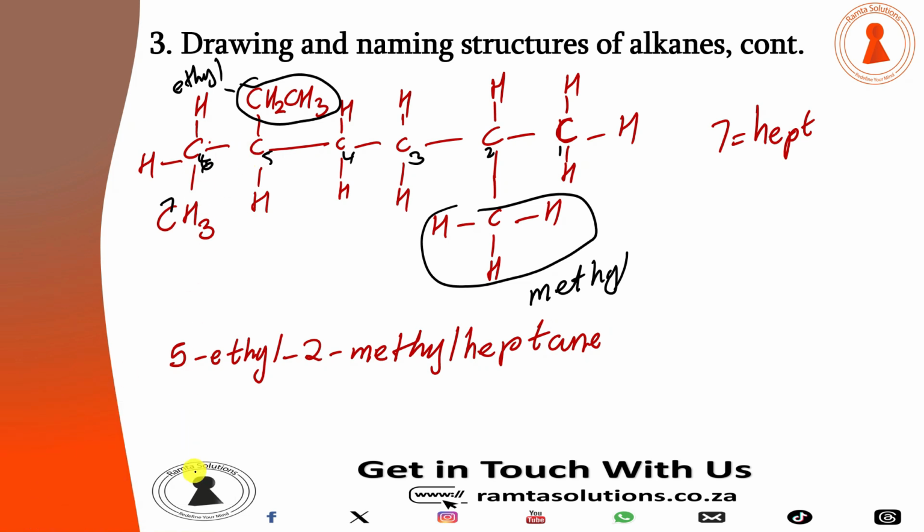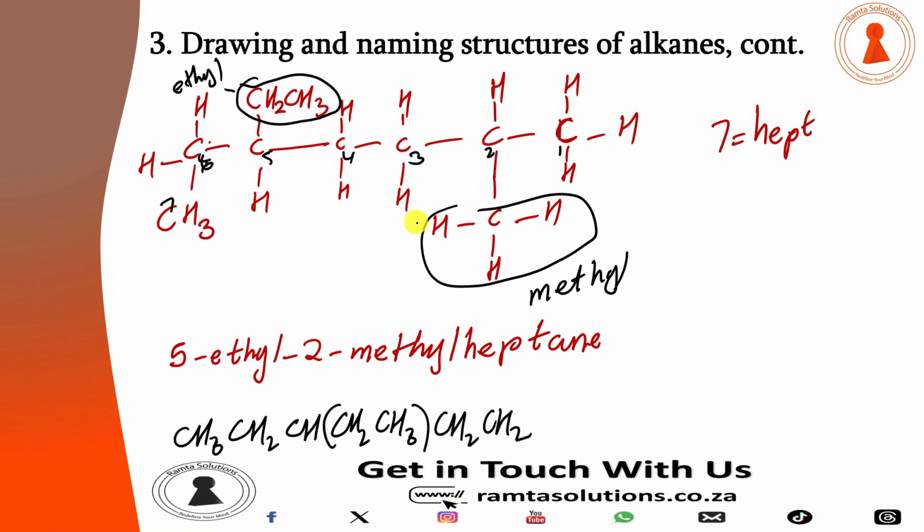Let's do the condensed structural formula. It is CH3, CH2. It's not a mistake, guys. CH3, CH2, CH, open bracket, CH2, CH3, CH2, CH2, CH, open bracket, CH3, this part here, and then CH3.